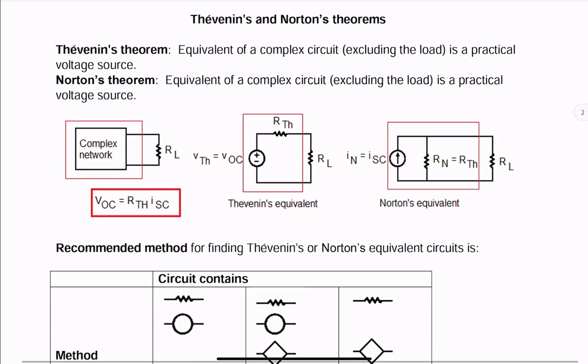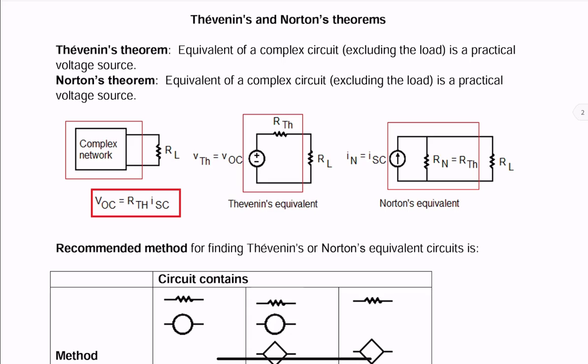To do a brief review of the theorem, in a lot of applications we are interested in a part of the circuit, in this case RL, let's say, or it could be a network B, and we want to simplify the rest of the circuit.